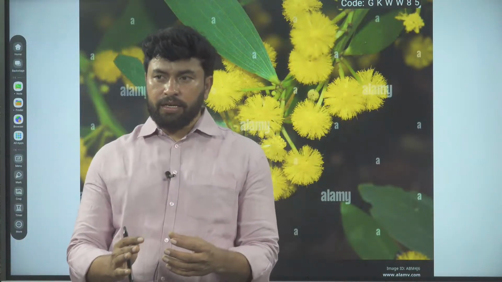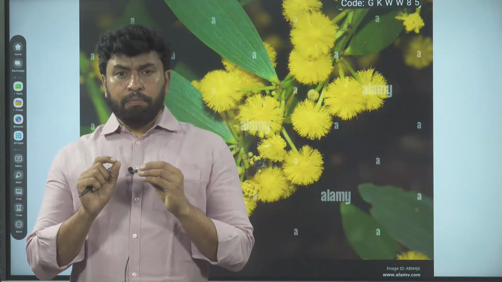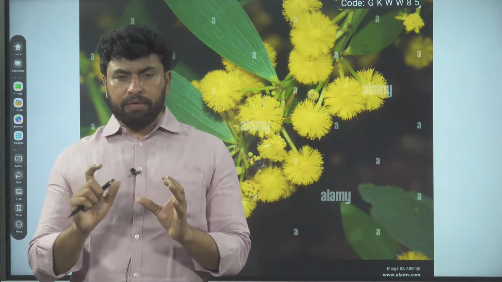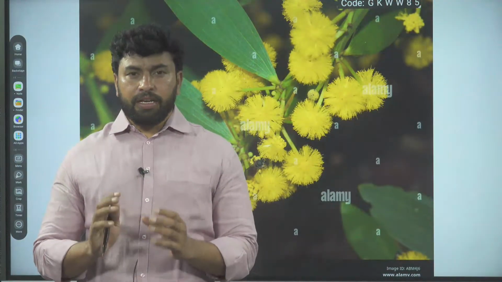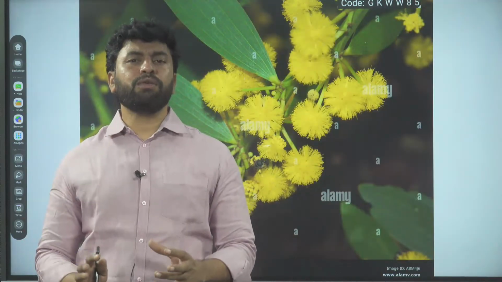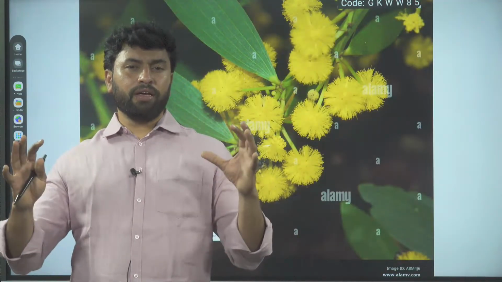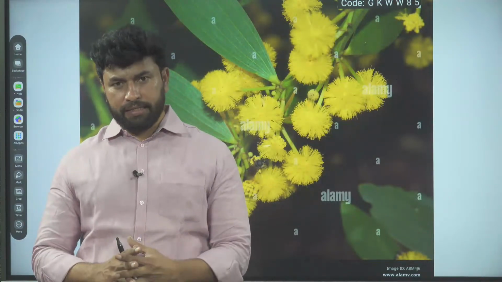In Australian acacia, it develops a pinnately compound leaf in young stages. Gradually, its leaflets fall down because it also grows in an environment where water is very limited. It grows in desertified lands.